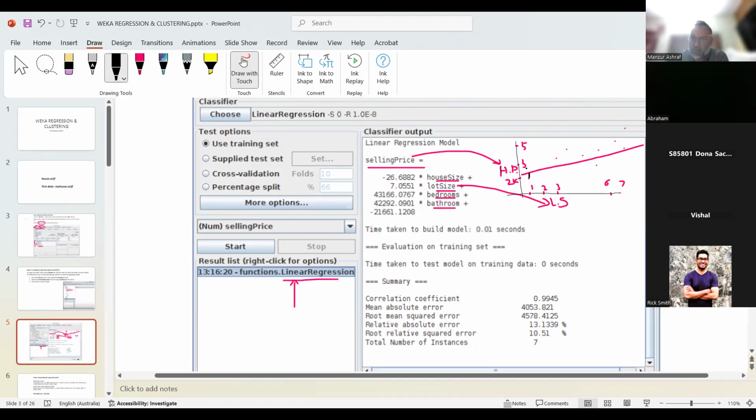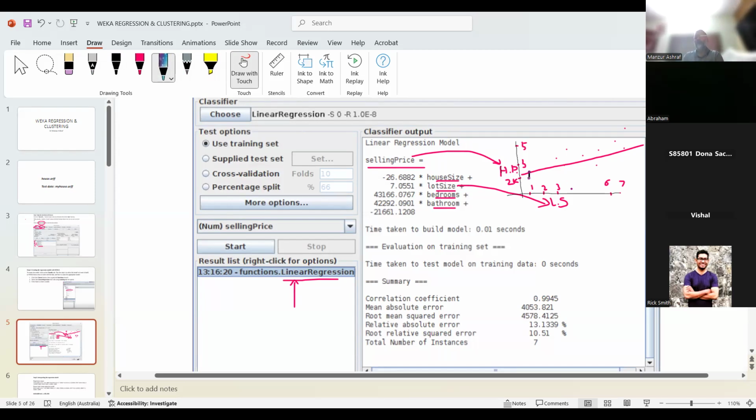This point where my cursor is, is the predicted point, but this other point is the actual point that was in the data. I think all of you are following.